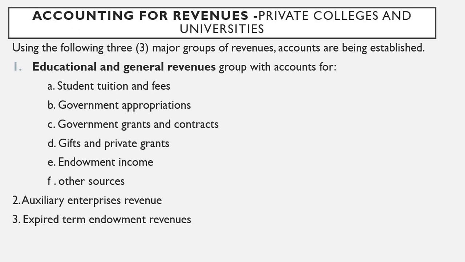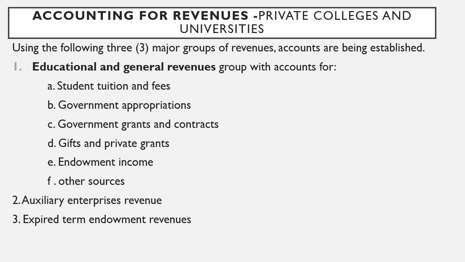For example, if they have dormitories on the school campus, the fees they collect from students or from the faculty for the rent of the dormitories would be part of the auxiliary enterprises revenue.